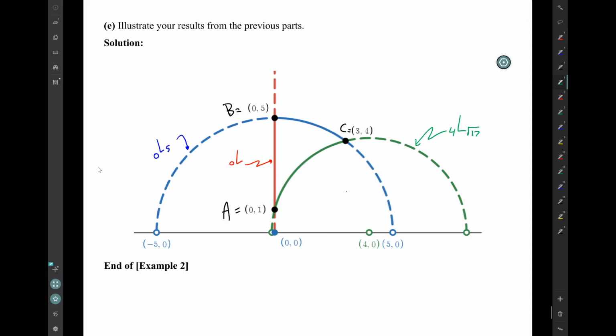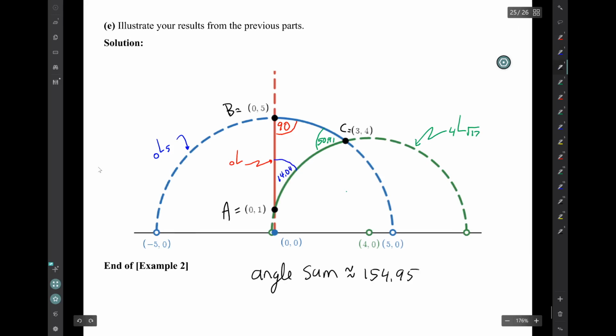Now I can put in the angle measures. So there's our illustration. Notice again, I needed the values of r in order to be able to correctly label those lines. And also I use them to type the formulas for these lines into Desmos and get this nice graph.